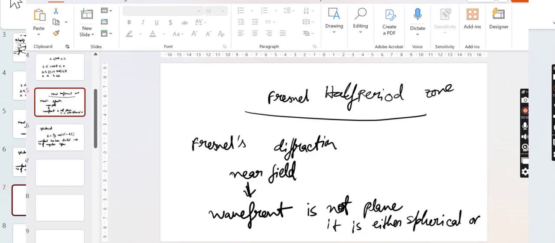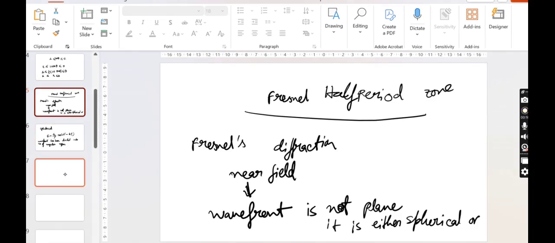So why did we introduce the Fresnel half-period zone? Because the main goal is to examine the free propagation of a spherical monochromatic wave emitted from a source.